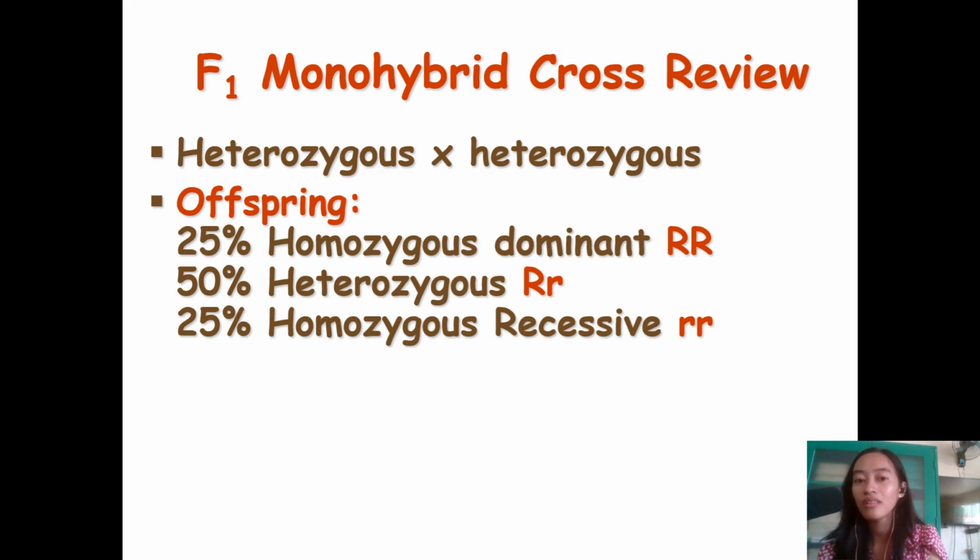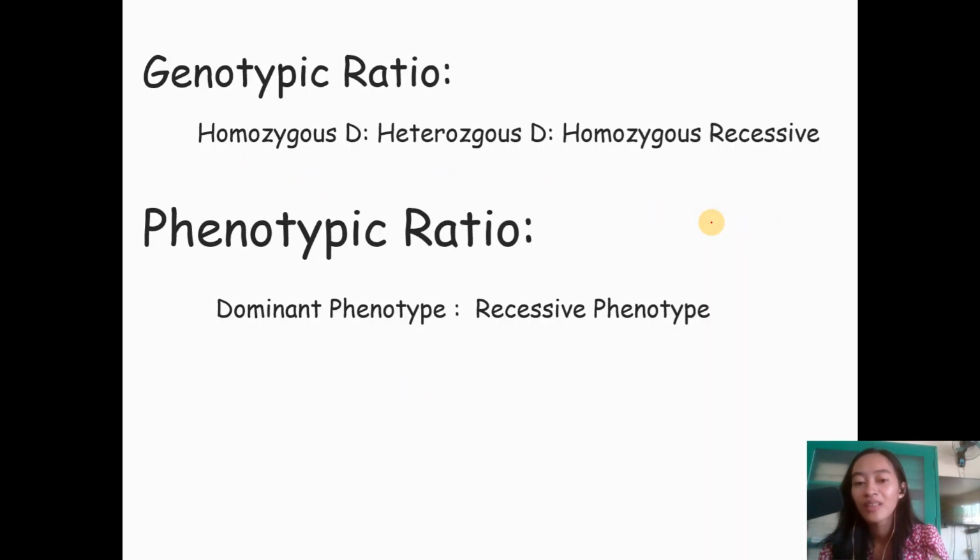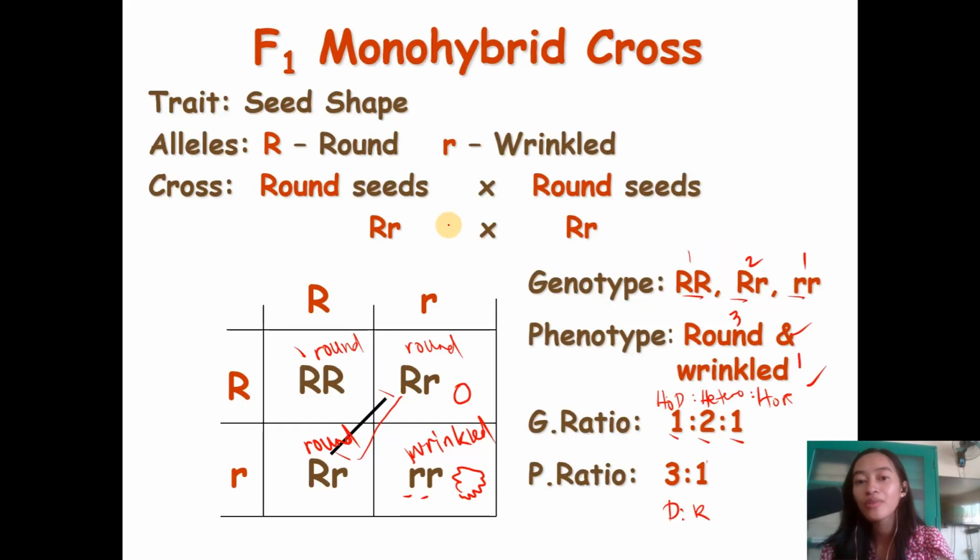So to review, if we combine both heterozygous and another heterozygous, the result would be usa ka pure nga dominant, usa ka pure nga recessive, and duha ka heterozygous.